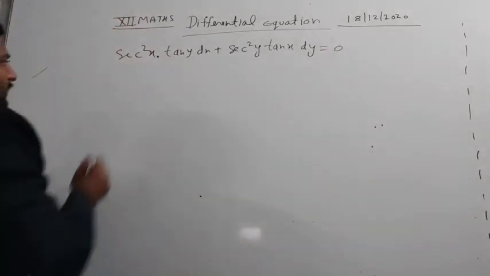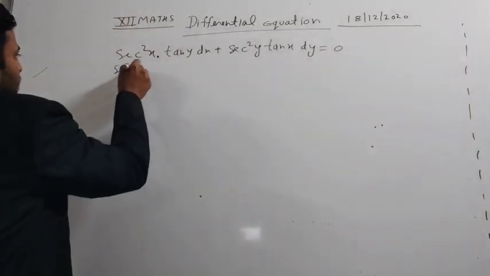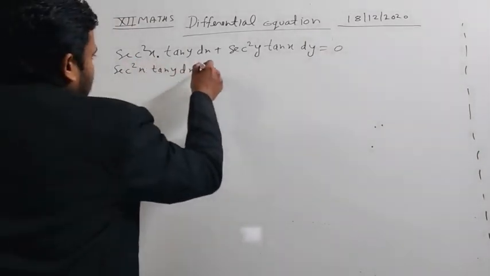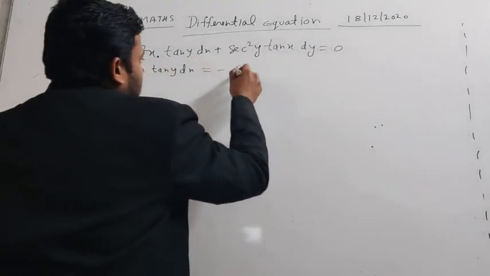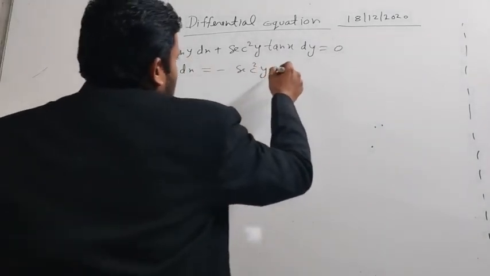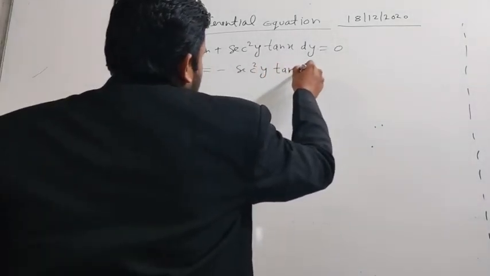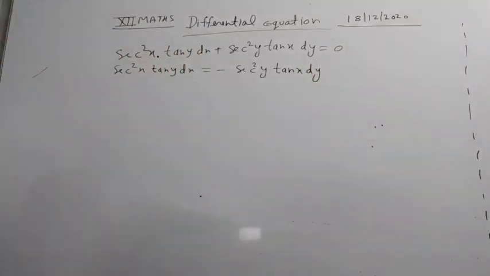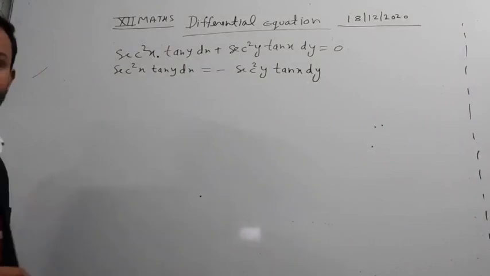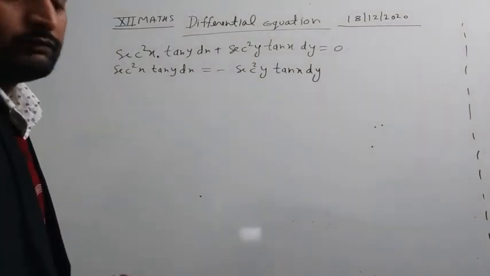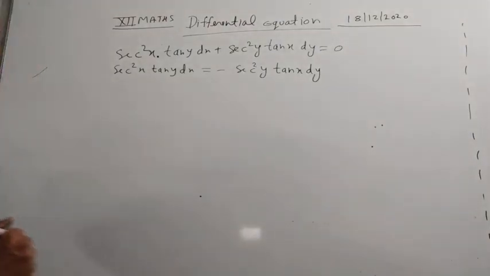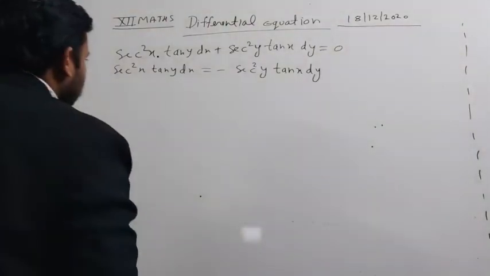So first what we will do, we will write sec square x tan y dx is equal to minus sec square y tan x dy. Okay, students. Now we separate the variables. We will write x with dx on the left hand side and y on the right hand side.